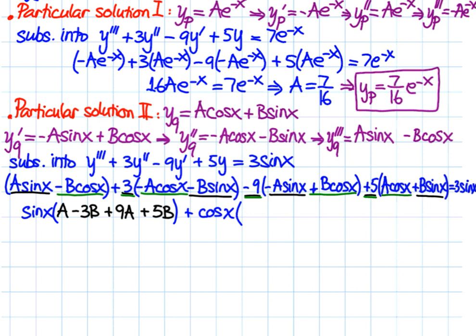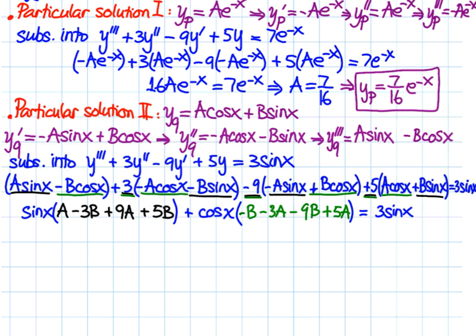So we're going to have negative b, negative 3a, negative 9b, sorry, 9b, not 3. And then 5a. The right hand side is 3 sine x.